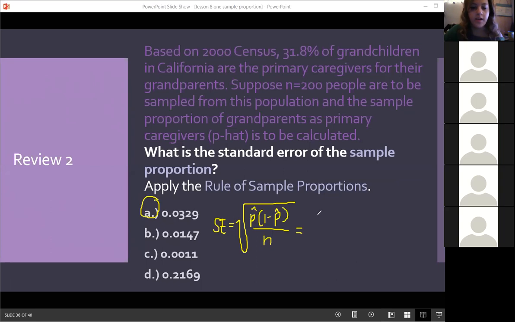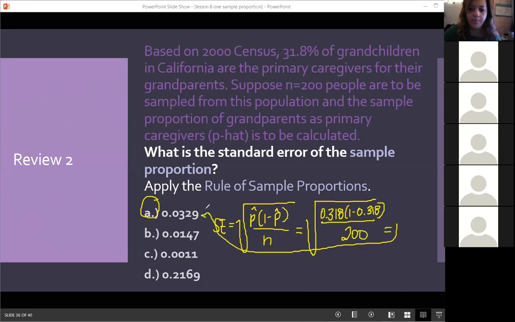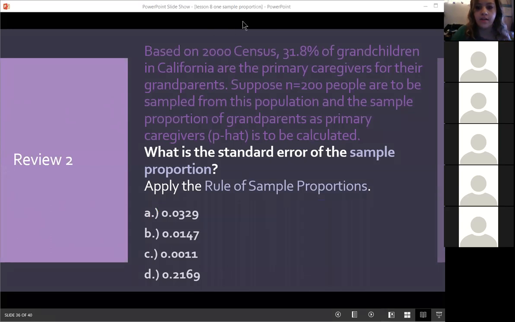In this case, we have the square root of 0.318, our sample proportion, times 1 minus 0.318, divided by n, which is 200. And that's how we get 0.0329. Great job, guys.